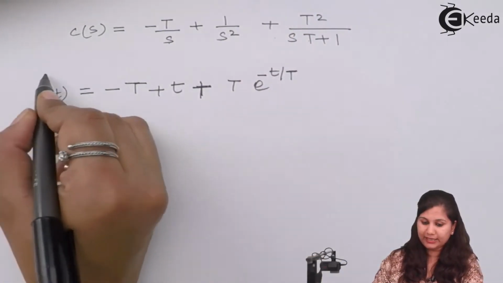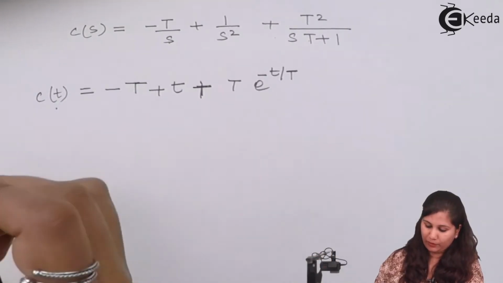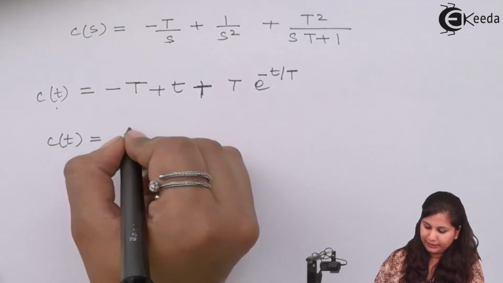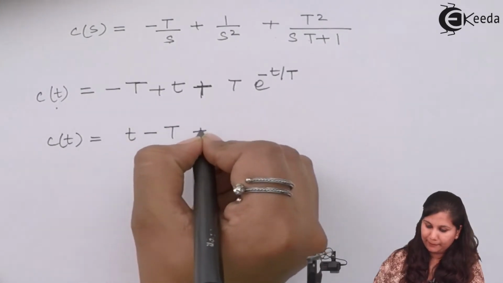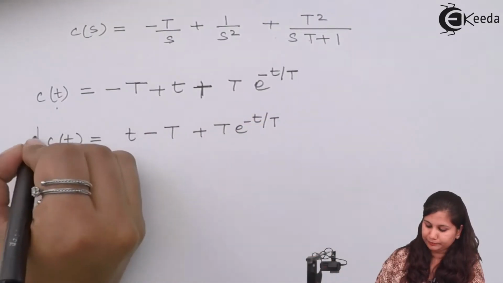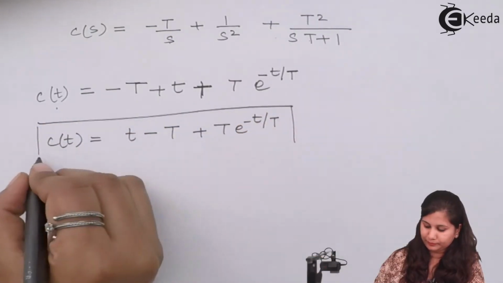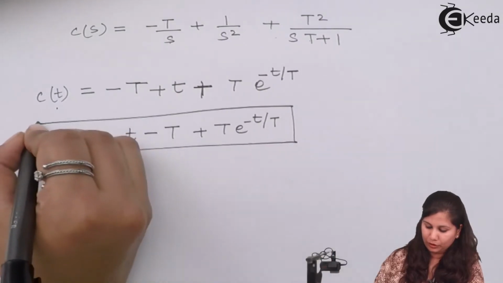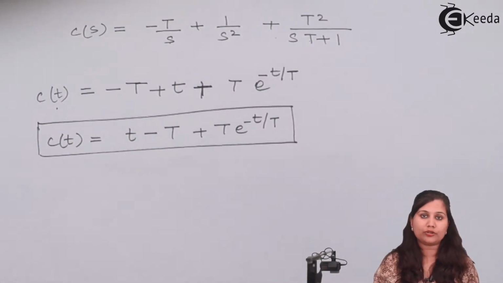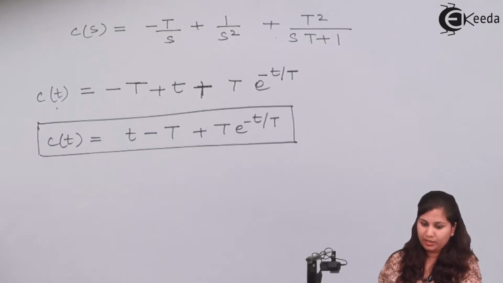So we get this as the output response. If we rearrange the terms, we get t minus T plus T e raised to the power minus t by T. So this is the output response of a first order control system when the input is a unit ramp function.